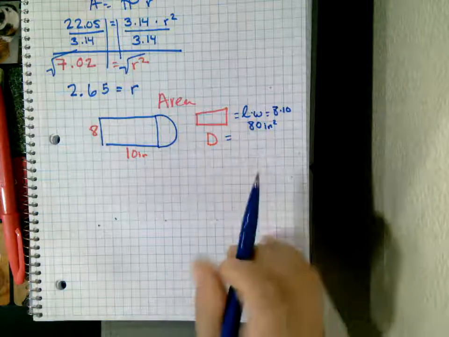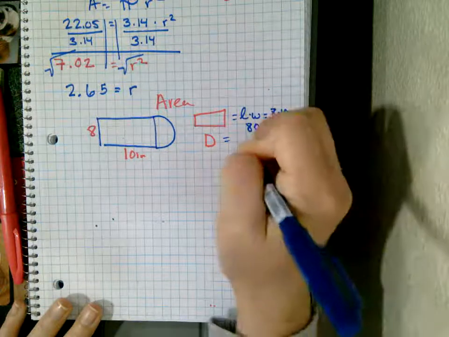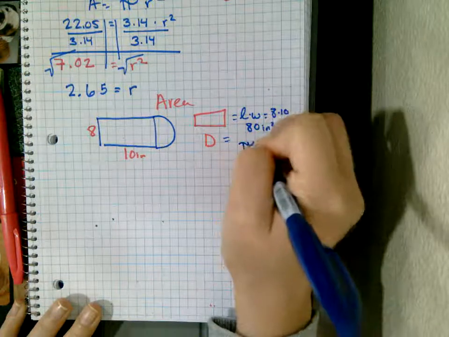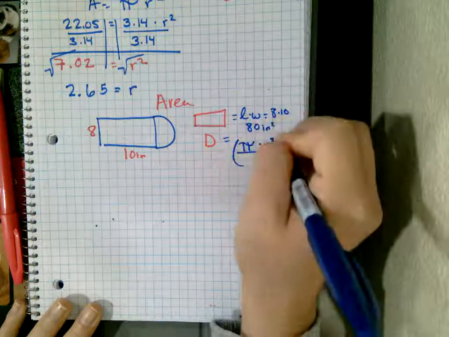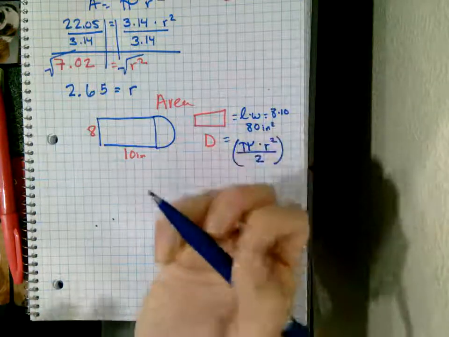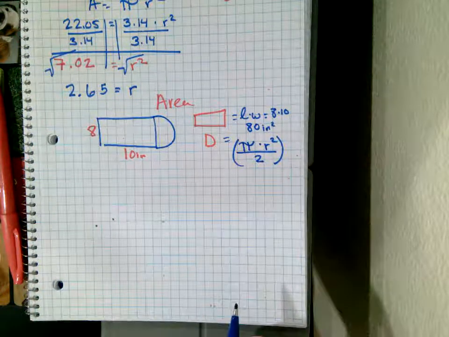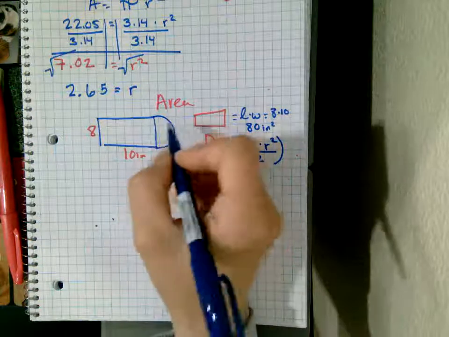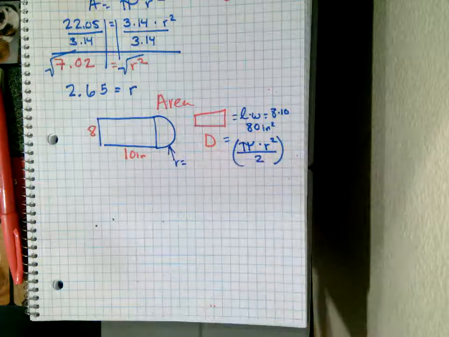So careful. For the circle, I'm going to do pi times radius squared and then divide it by 2. Why do I divide it by 2? Because it's half a circle. Cool. Yikes. What would be the radius?